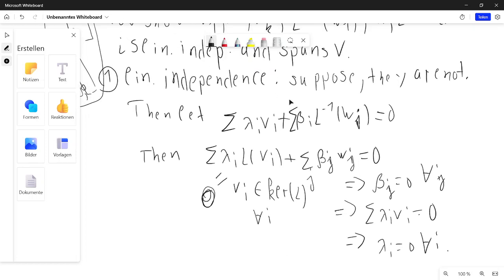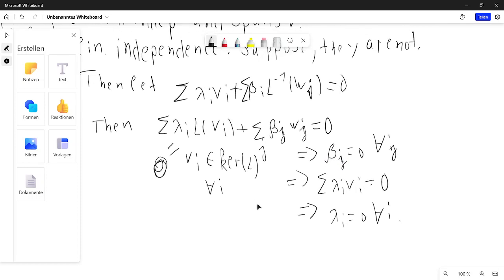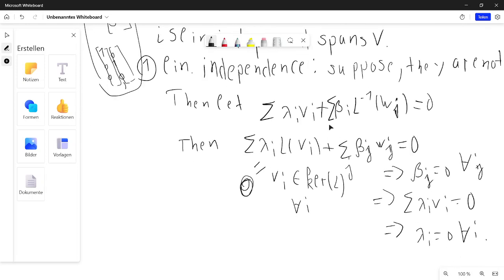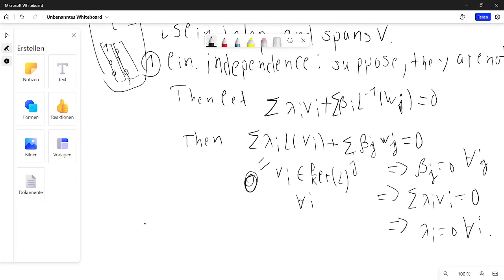So if we choose any lambda i, theta i so that this is 0, then all of the coefficients are already 0, which shows that the vectors are indeed linearly independent, by definition.